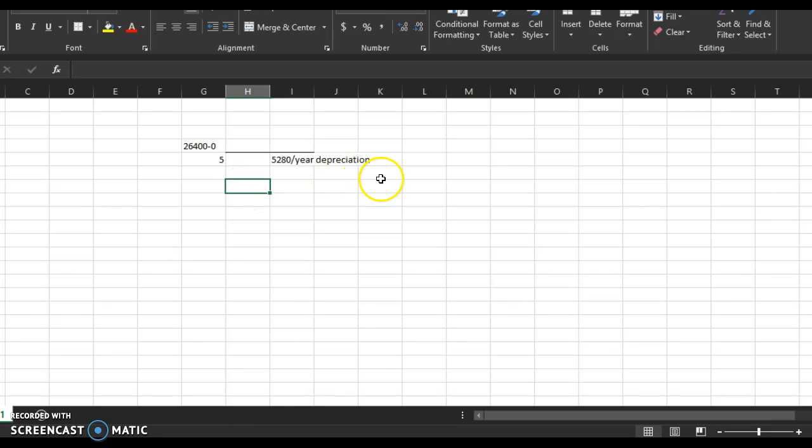So the formula for that is the 5280 times 6/12, or basically 5280 times 0.5, which gives you 2640 as your half of year's worth of depreciation on the forklift.